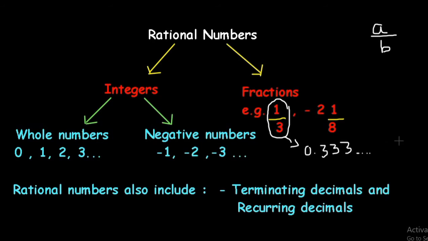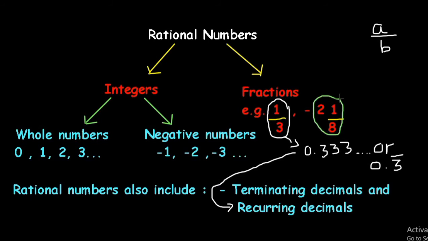Or I can also write it in another form, that is 0.3 with a bar at the top of the digit 3, so that it shows that it is a repeating number. The number is going to be repeated again and again, and we can see that 3 is repeated again and again. So this is called recurring decimals.